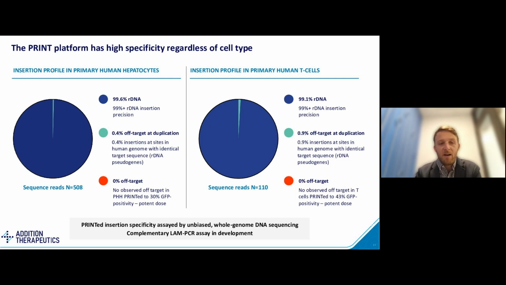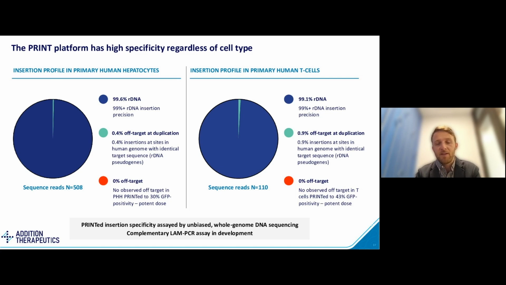That being said, our sequencing depth for the hepatocytes is just over 500. Our limit of detection with 95% confidence on that is about 0.5%. And so we're not trying to claim that it never, ever hits off targets, but so far the data is pretty compelling that it is going to be a very low percentage of the time.